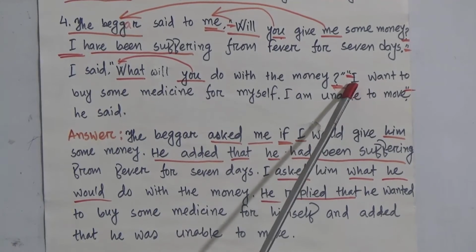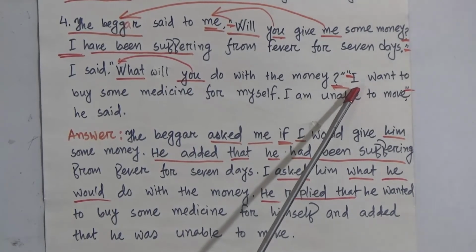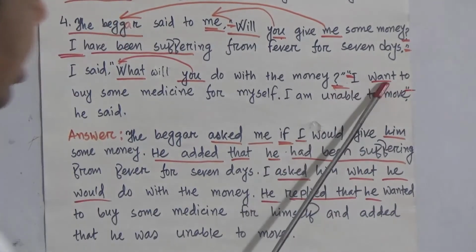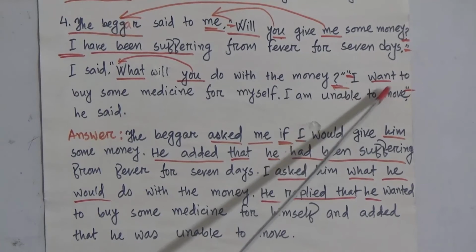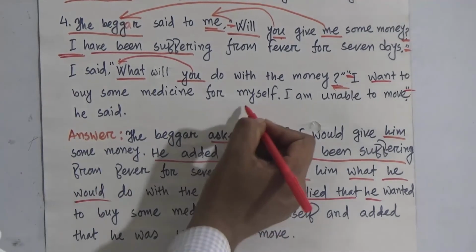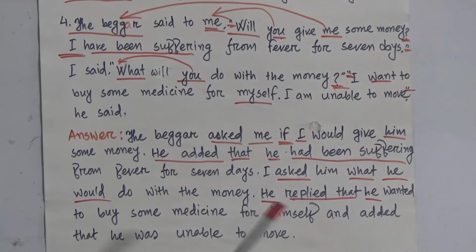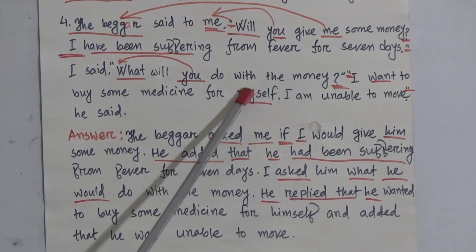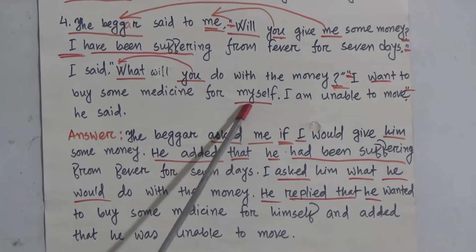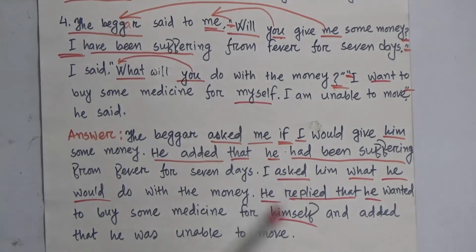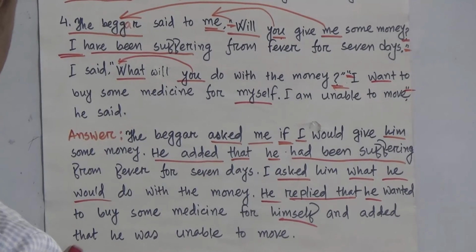I means who? The beggar. What is the pronoun of the beggar? He. Then want would be converted into its past form, wanted to buy some medicine for myself. I, me, my, first person. First person would be changed according to the subject. So the beggar, for himself. And added that.